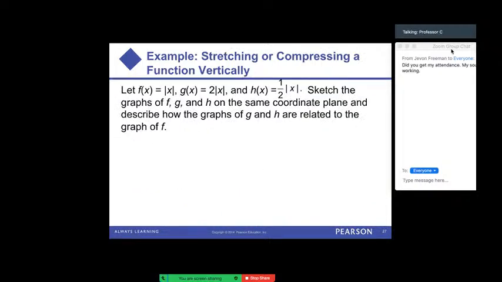So then I'm going to say start here, Thursday, September 24th.